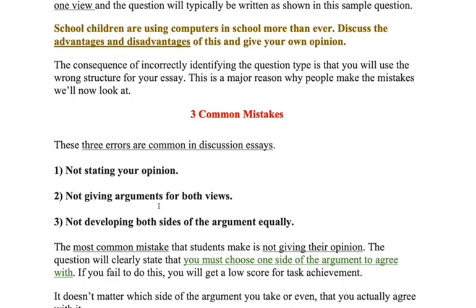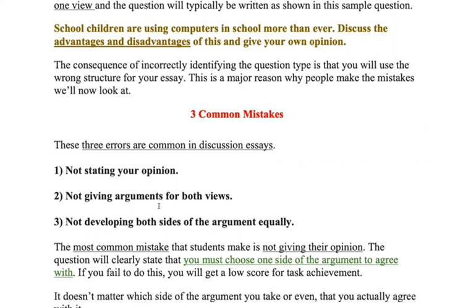Not developing both sides of the argument equally. So you must balance between view A and view B. If you give us 3 examples for A, you must give us 3 examples for view B. So you need to balance. You need to develop both sides of the argument equally.